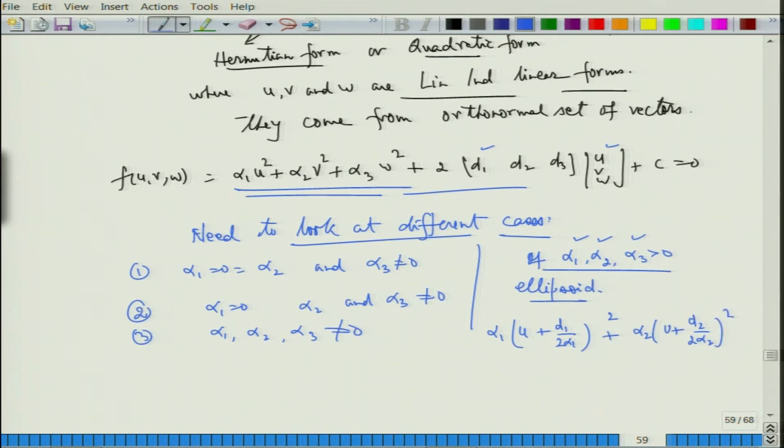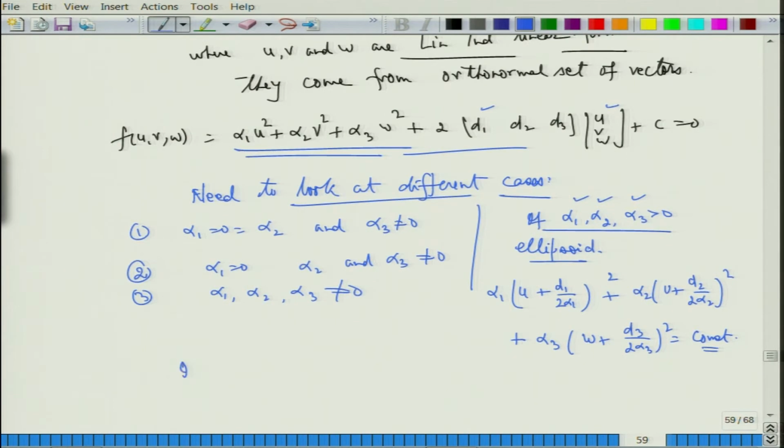So, be careful, because I am very good at mistakes. So, you will have to rewrite yourself: w plus d3 by 2 alpha 3 whole square is equal to some constant. Fine. So, if this constant is positive, you get an ellipsoid.